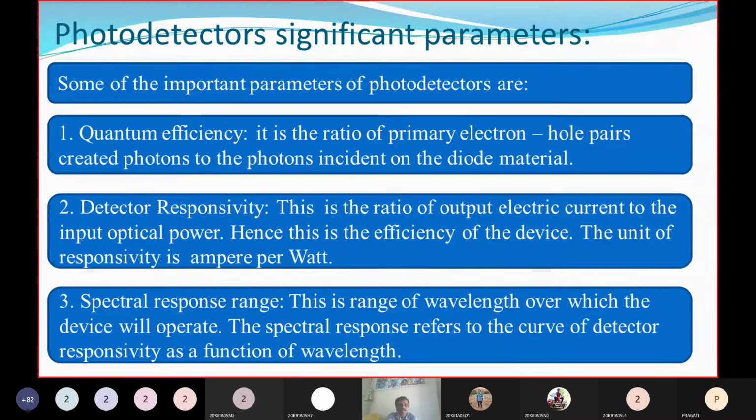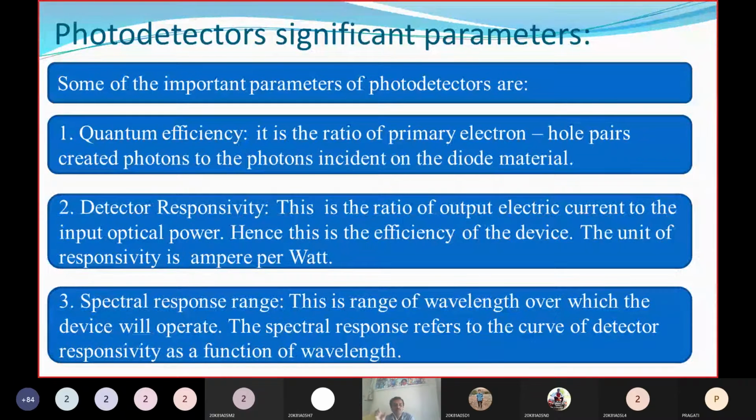If you take the spectral response range, one diode will work up to a particular wavelength region. Suppose some diodes will work only in the red region, some at the IR region, some at the blue region, like that.